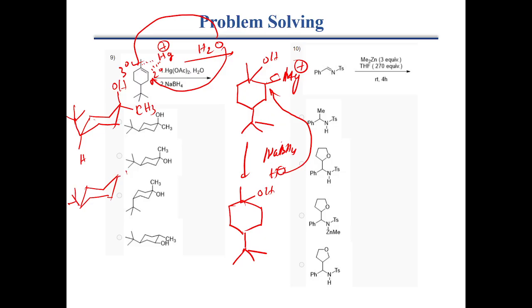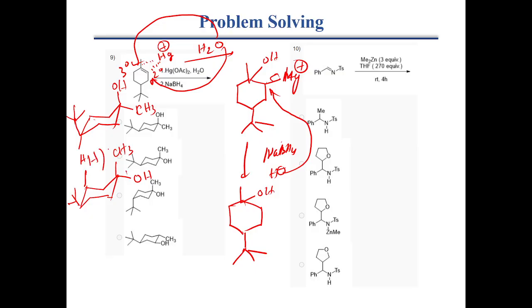Methyl is equatorial and alcohol axial. So which one happened? So if we write in this way, here hydrogen is there.